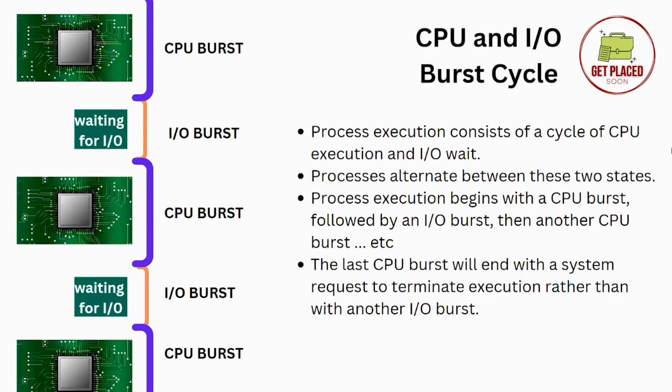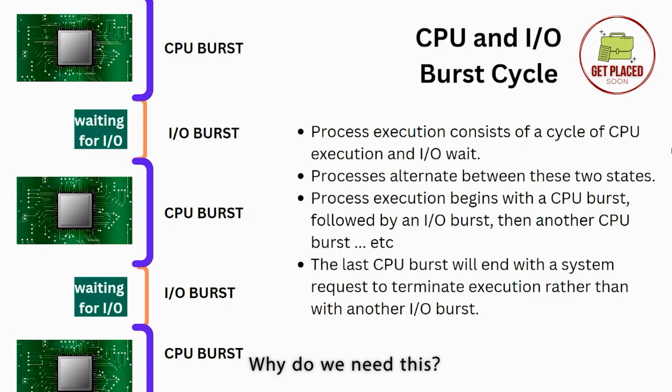So this is a cycle you can see on the left side. CPU burst followed by input output burst, again CPU burst, again input output burst. In this cycle, every time it starts with a CPU burst, and it is alternating, right? And it also ends with a CPU burst. The last CPU burst will end with a system request to terminate the execution, right?